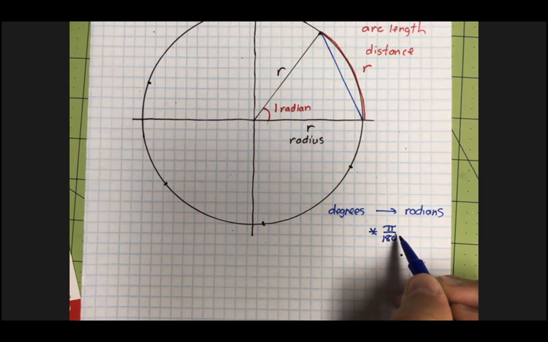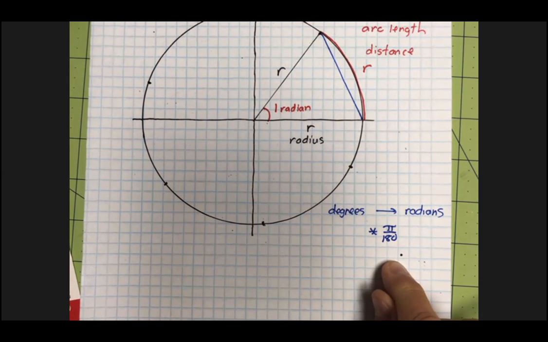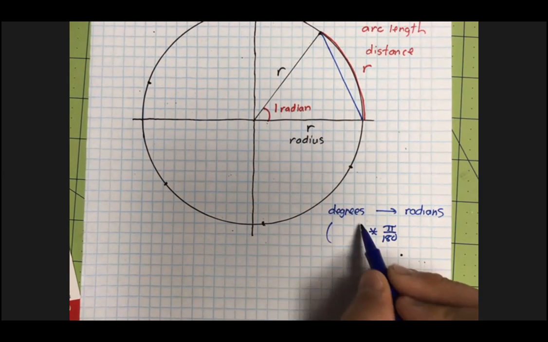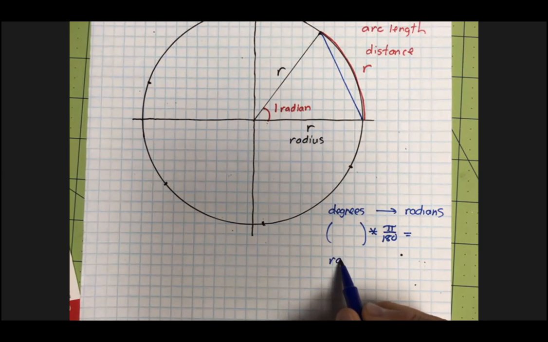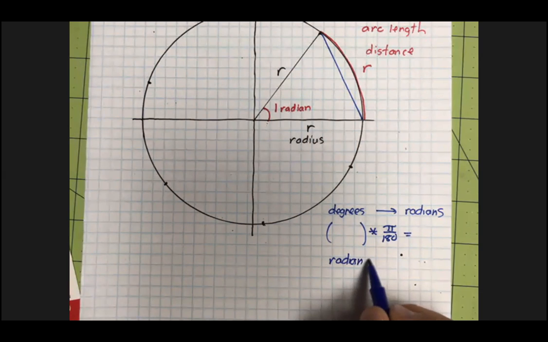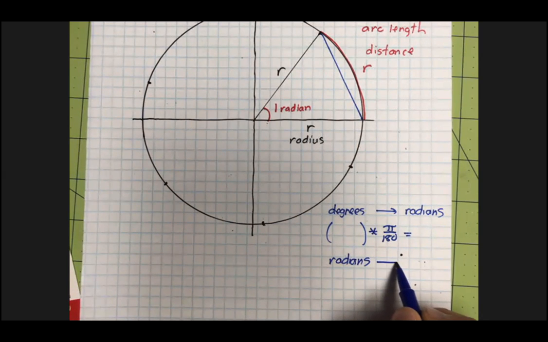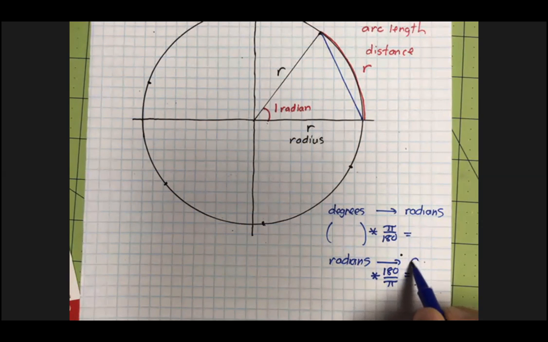And pi is that unusual number, 3.14159. Very close to 3, but not exactly 3. And if I want to take a radian and find out how many degrees it is, I'm going to do the opposite. I'll divide by pi over 180. Or you could say I'll multiply by 180 over pi. And that'll tell me how many degrees I have.